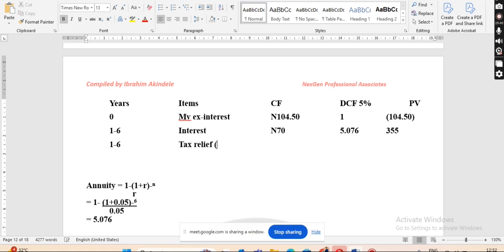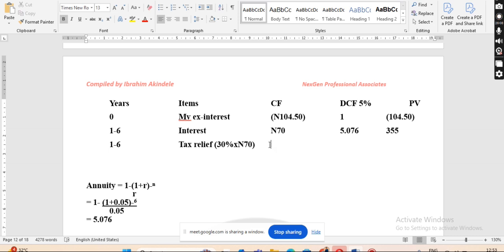How many percent is it? 30%. So 30% multiplied by the interest, which is 70 naira. So what is the relief? What do we have, class? 21. What is the figure, please?